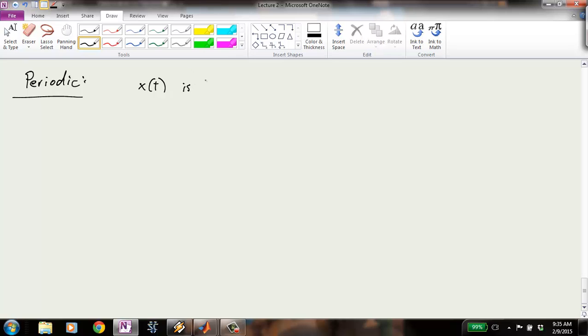Let's say x of t is periodic if there exists a positive T greater than 0, such that it repeats at that interval. So we would say x of t equals x of t plus this period, for all t.